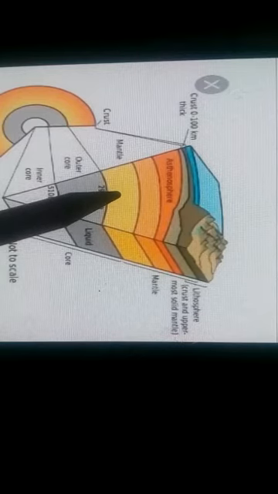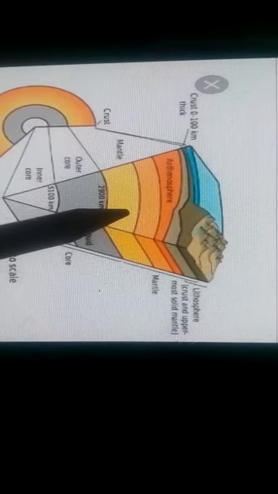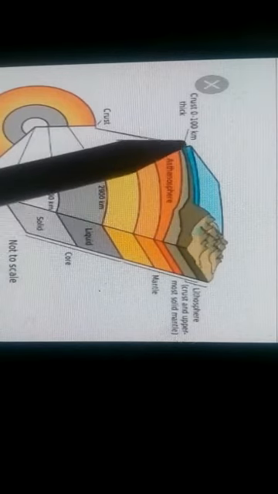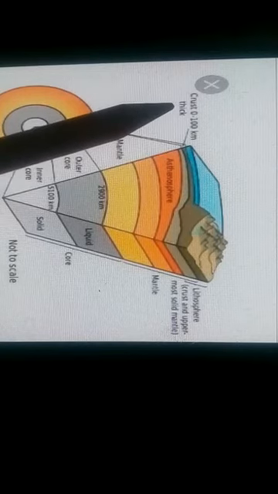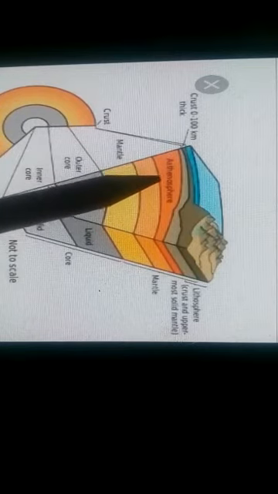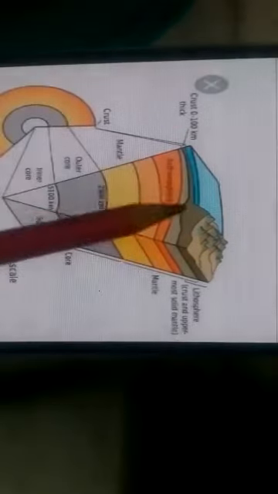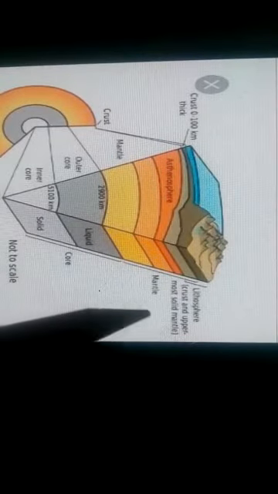As I explained to you, the uppermost layer is crust and beneath the crust there is the mantle. So we can say that near about 0 to 100 kilometer thickness there is a crust. Then below this crust there is an asthenosphere. So we can say this is also a transition zone between crust and the mantle area.